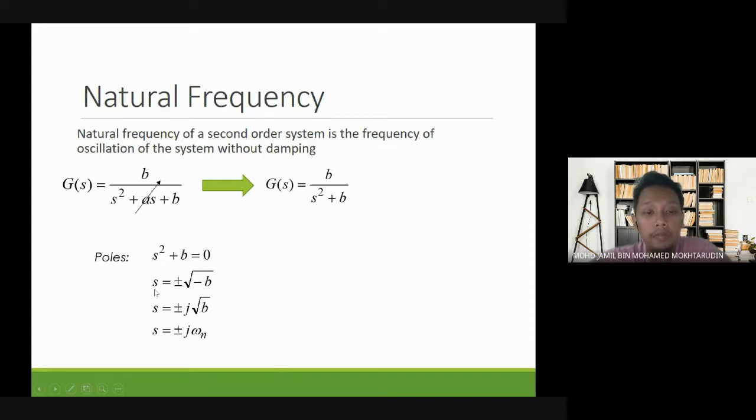So when we find the poles, then s equals plus minus j square root B. And the square root B here is our natural frequency, okay? So it's the value of frequency when the system oscillates without damping, okay? Meaning it oscillates without stopping, okay? So therefore, omega n equals square root B, or B equals omega n squared.